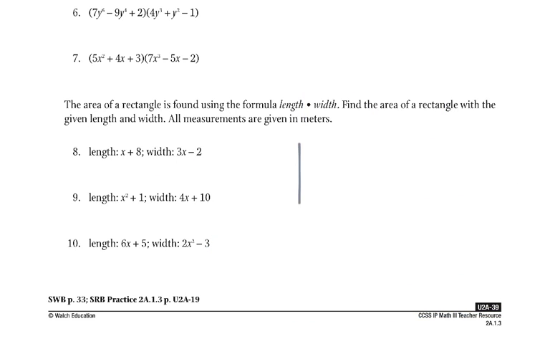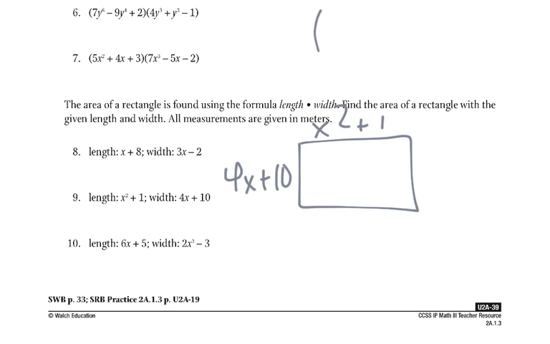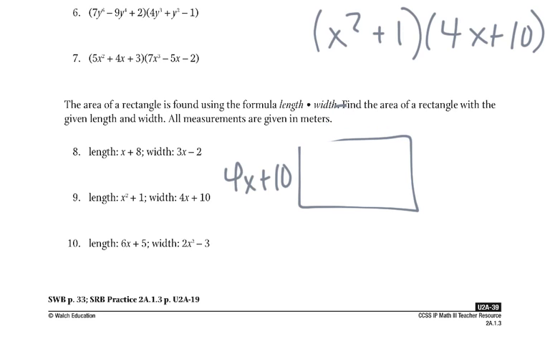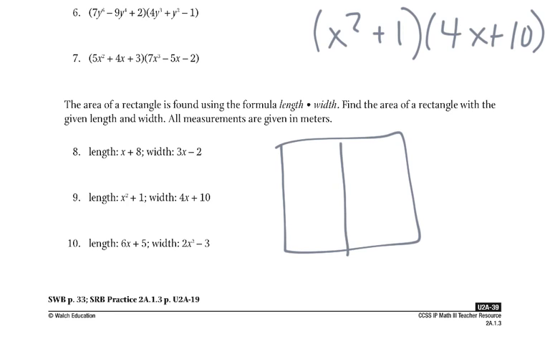So I'm just going to draw it like this. We've got 4x plus 10 and x squared plus 1, which we write as multiplied, right? But then we would just go back and make the area model again, wouldn't we? So we might as well just start out doing that area model, which is why it's called, once again, the area model. It doesn't matter which position I put them in.